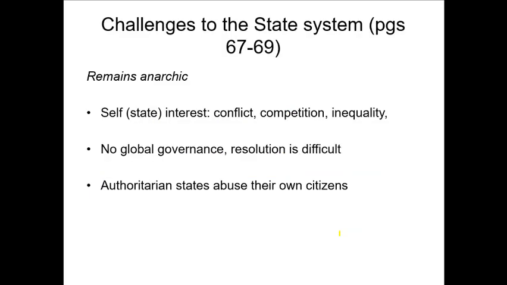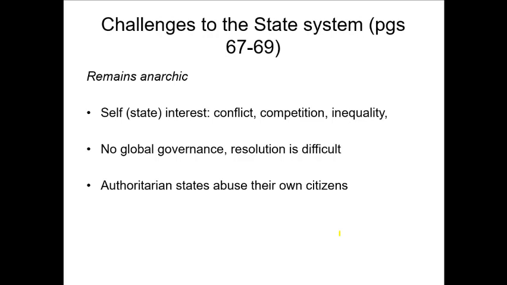Now let's talk for the next few minutes about what the basic challenges are to this state system. Now let's be clear, this state system that we have is probably not going anywhere for a long time. We'll talk a little bit about some theories that are examining how states could be willing to give up their sovereignty and form perhaps a global system or a global federation.